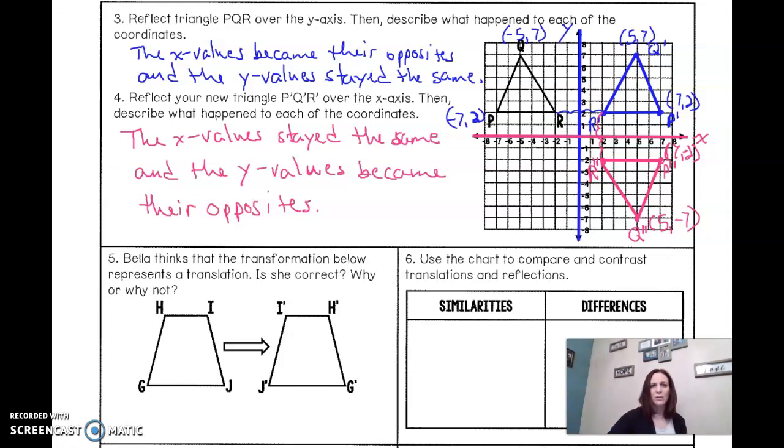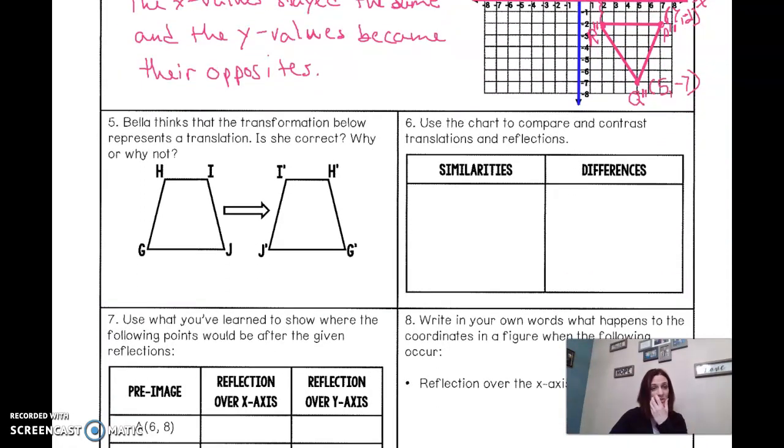So it's kind of like if you reflect over the y-axis, you change the x's, right? You make them their opposites. If you reflect over the x-axis, then your y values, you flip them from positive to negative.